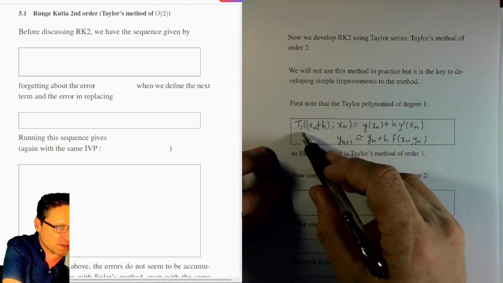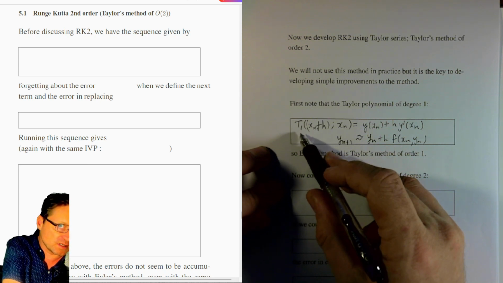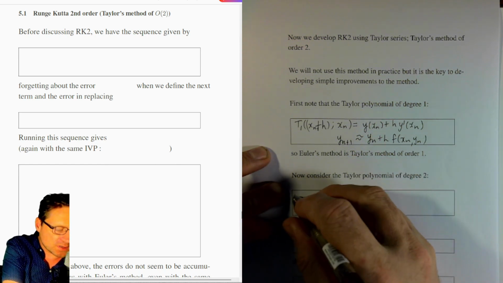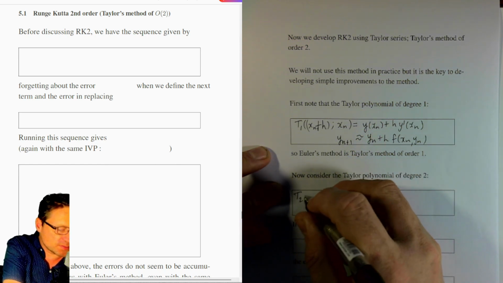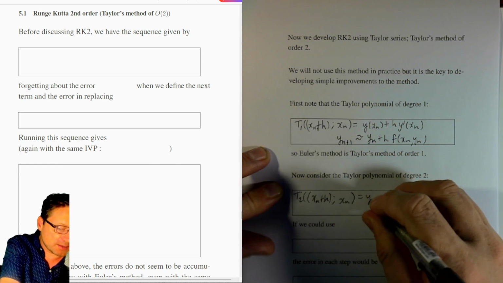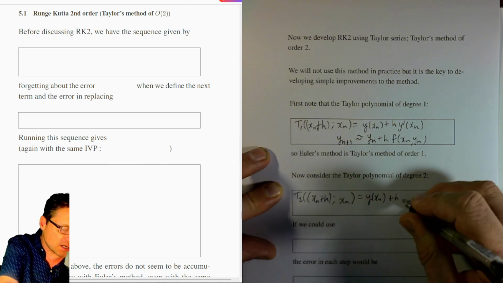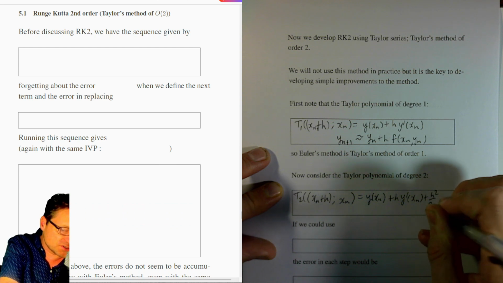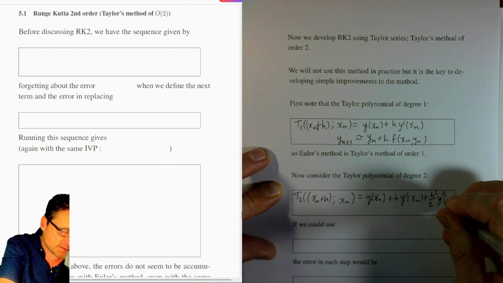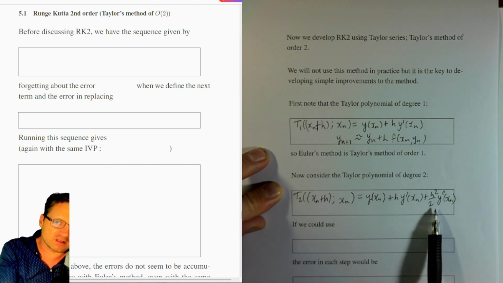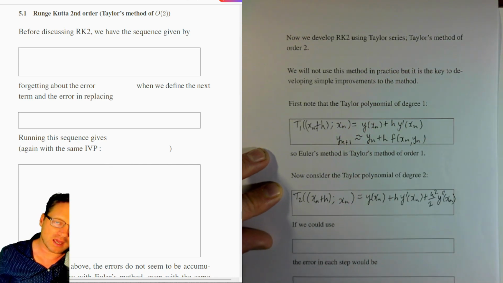So here I put the 1 subscript there to be of degree 1. Now let's do one of degree 2. Okay, so let's put T subscript 2 of x n plus h. So we've got y of x n plus h times y dash of x n plus h squared on 2 y double dash of x n, right? So this is truncated after the degree 2 term in h.